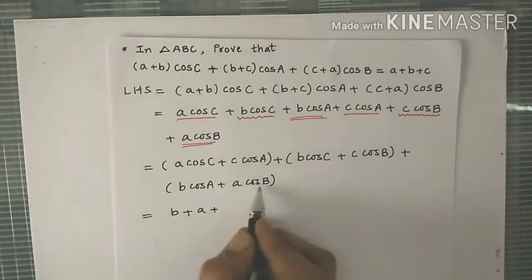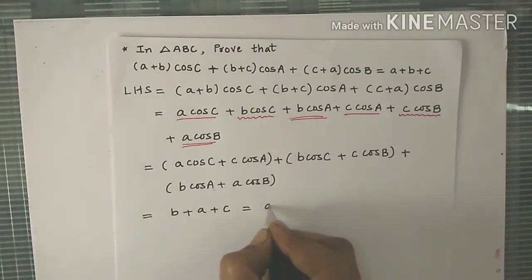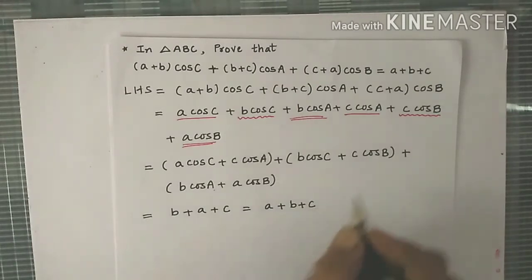And b cos A + a cos B is small letter c. And interchanging the first two terms, we get a + b + c, and that is our right hand side.